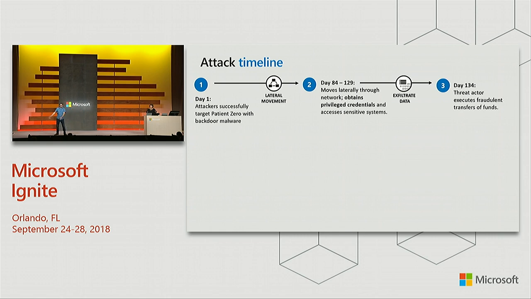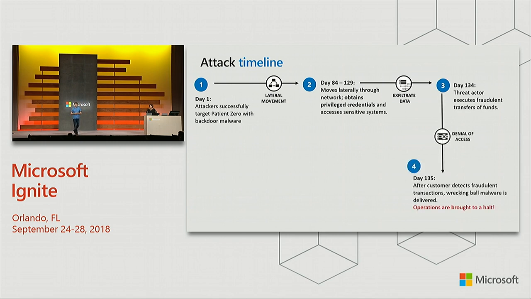And this was really happening after 134 days, about 5 months into the attack. They actually managed to get to the system that gets them access to the funds, and they actually delivered funds from the attacked organization to the bad people. Nice. Think this is the end of the story? No. Something happened on day 135. So the attackers are hungry for more. They would like to do more.